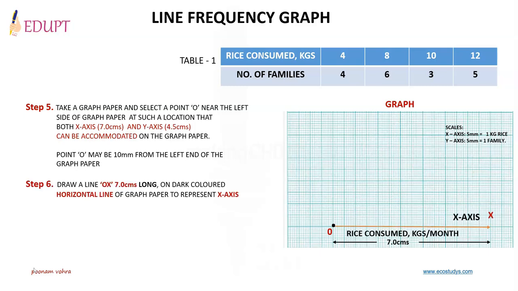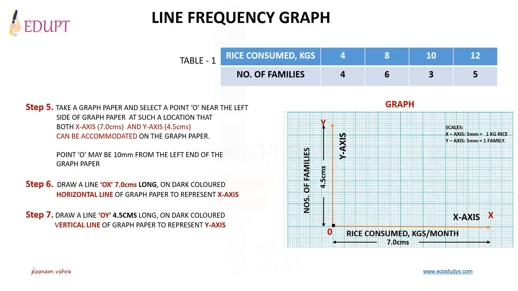Then draw a line OX, which is 7 centimeters long, on a dark colored horizontal line of graph paper to represent x-axis. Then draw a line OY, which will be 4.5 centimeters long, on a dark colored vertical line of graph paper to represent y-axis.